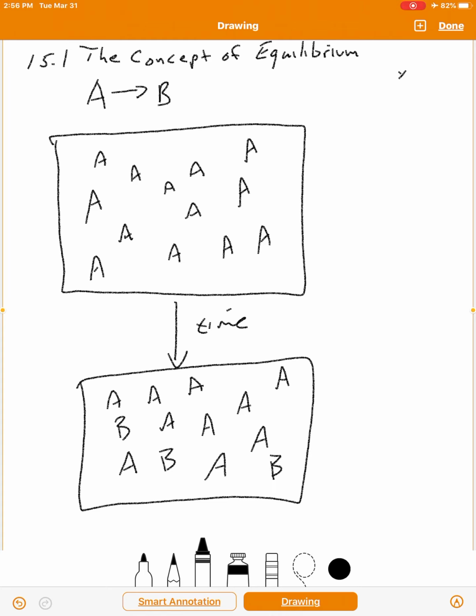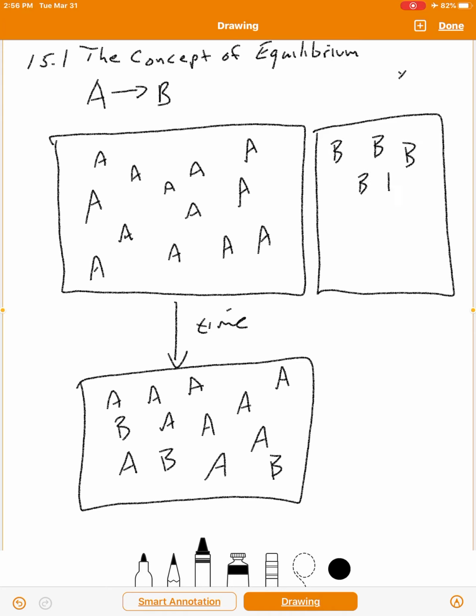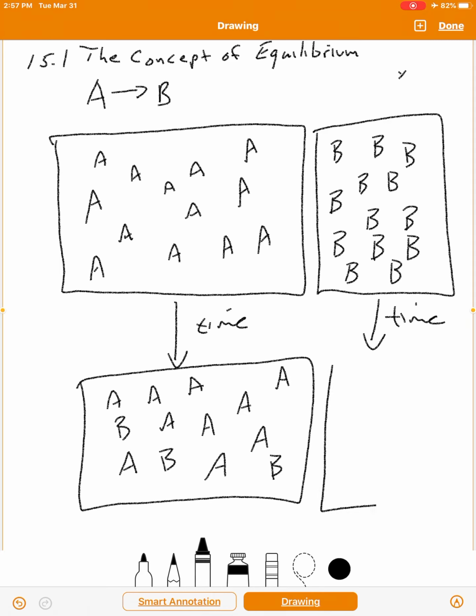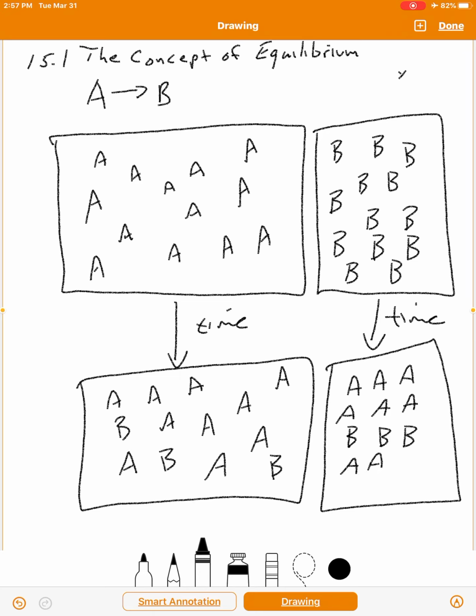What you might find is that if you did the opposite, a different experiment, and you put 13 B's in there, and allowed time to pass, you might find that you have 3 B's and 10 A's. Okay, I think I drew that correctly.